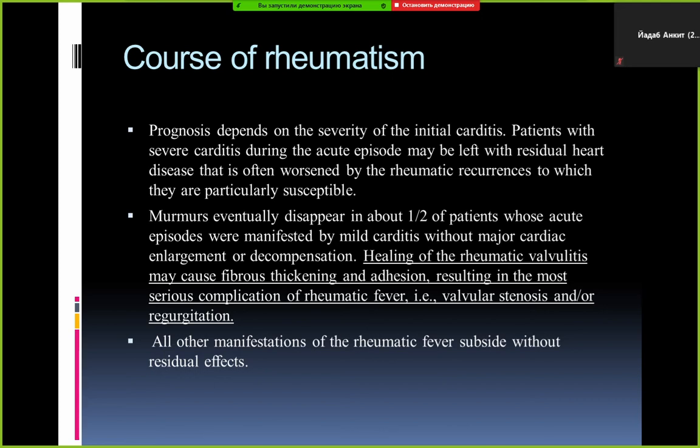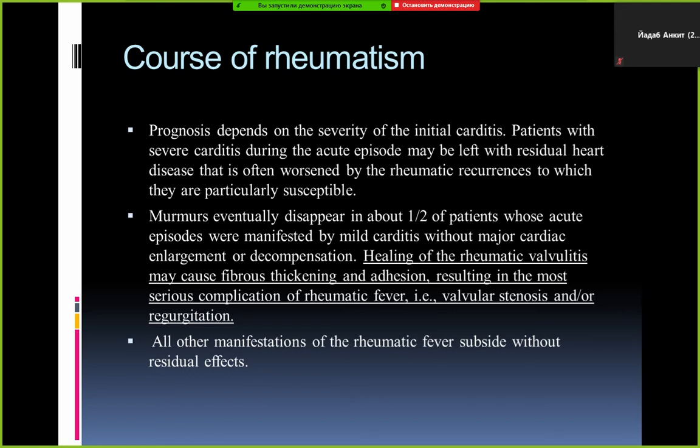Healing of rheumatic valvulitis may cause fibrous thickening and adhesions, resulting in the most serious complication of rheumatic fever, such as valvular stenosis and/or regurgitation. All other manifestations of the acute rheumatic fever subside without residual effects.